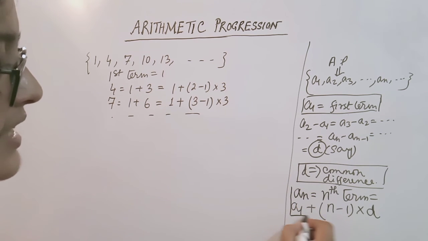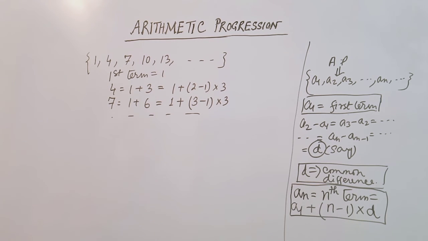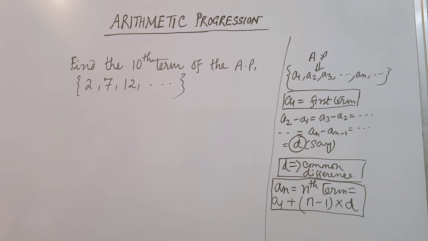So this is the way of getting any particular term of an arithmetic progression. This is the formula of getting a particular term of an arithmetic progression. Now let's see an application of this formula.